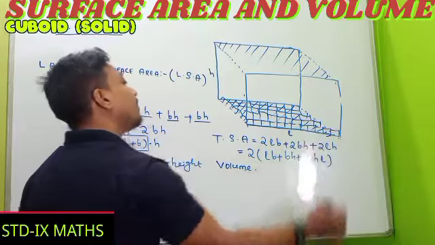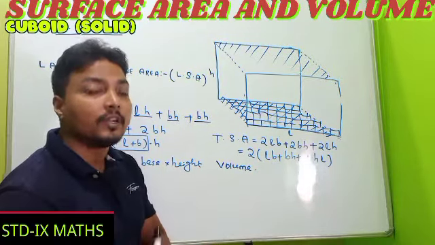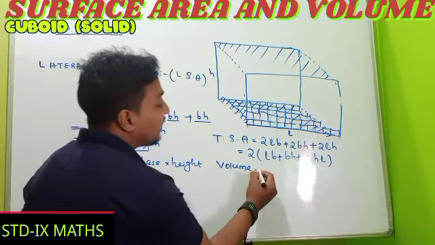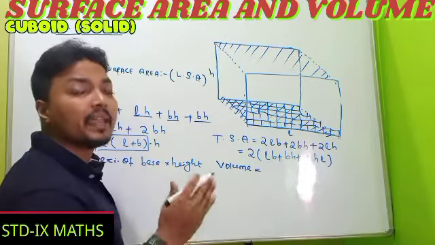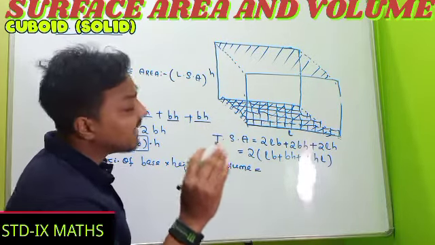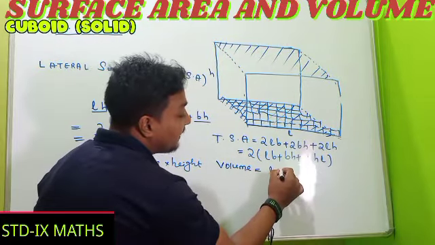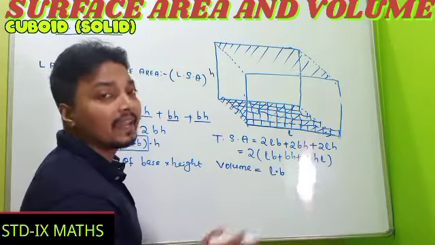The base level of the cuboid can be filled by how many cubes of unit length, and it was checked and finally it was said to you the base of the cuboid can be filled by L into B, this number of cubes of unit length.